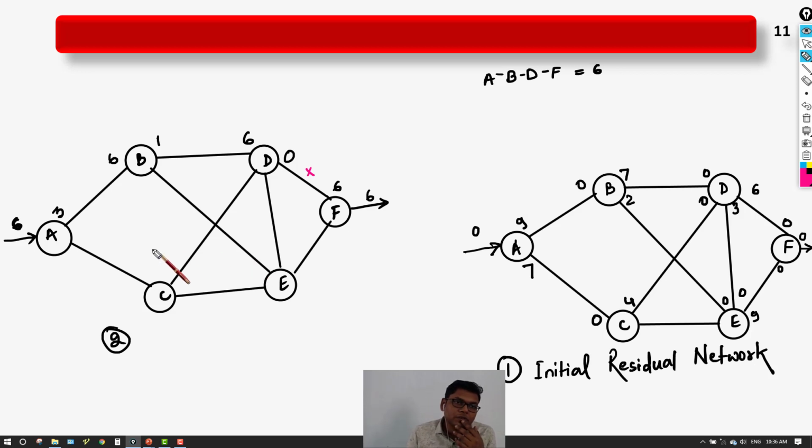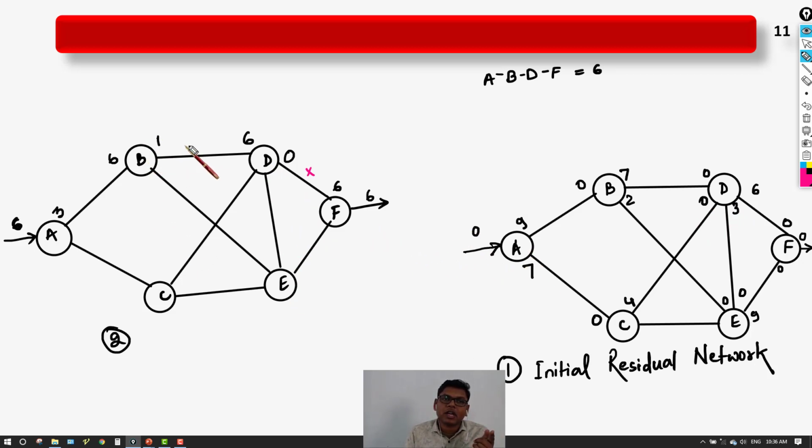So what I am going to do, this one is over. From D to F, is there any other way to go? Yeah, there is another way. D to F is D to E and then E to F. So take this path first. From A to B 3 is possible, from B to D 1 is possible, from D to E 3 is possible, and E to F 9 is possible.